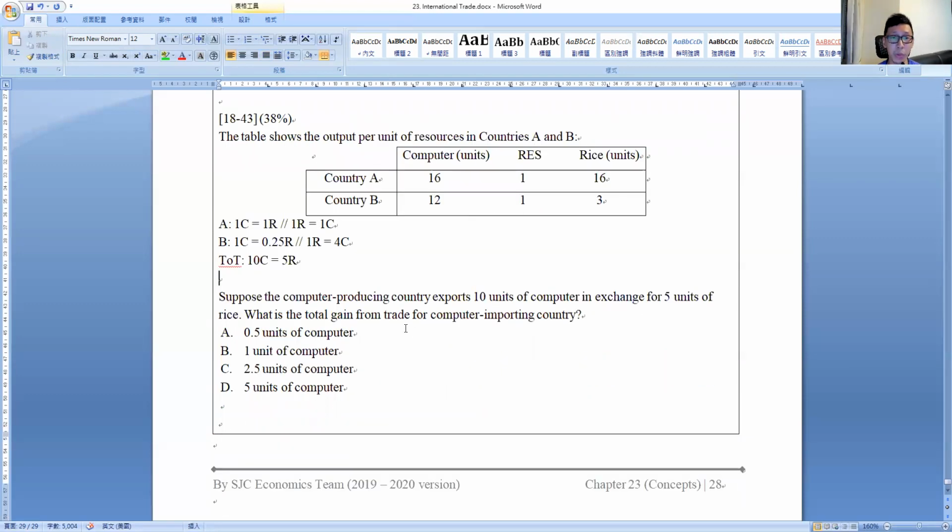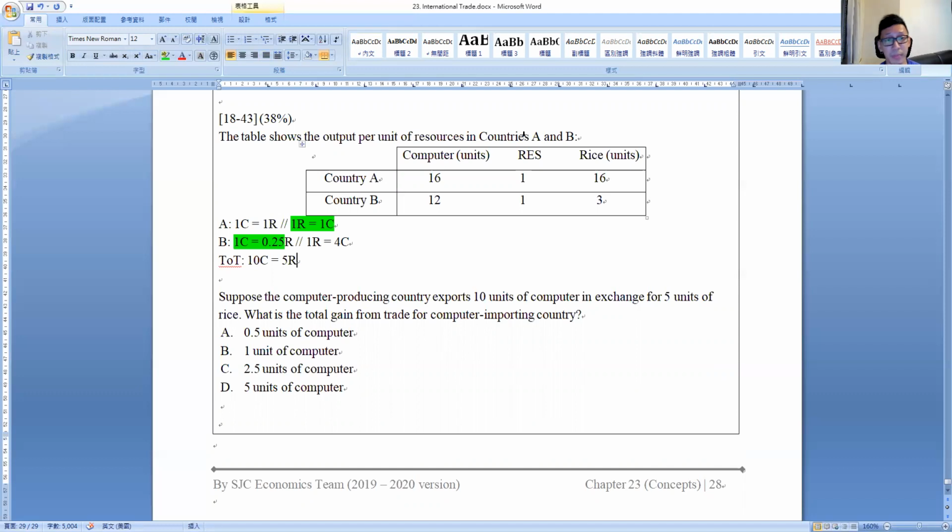Now what would be the total gain from trade for the computer importing country? Let's highlight first. Who would be importing computer? Obviously, in our case, country A would import computer, because its opportunity cost of making computer is higher.